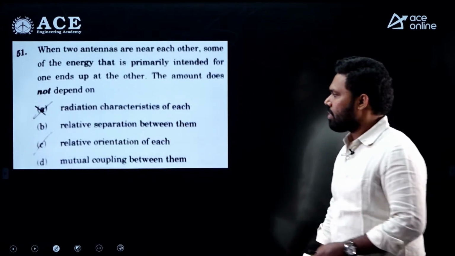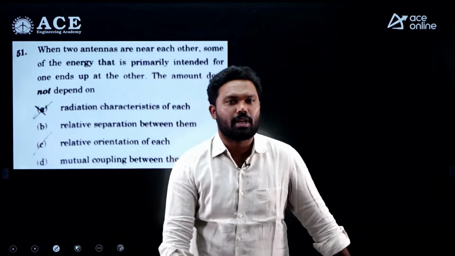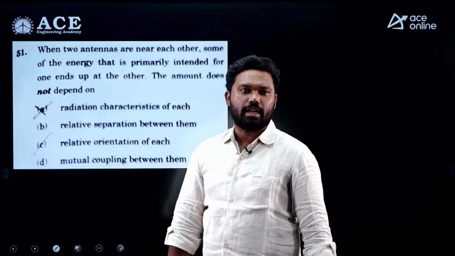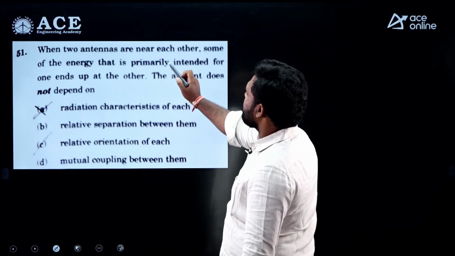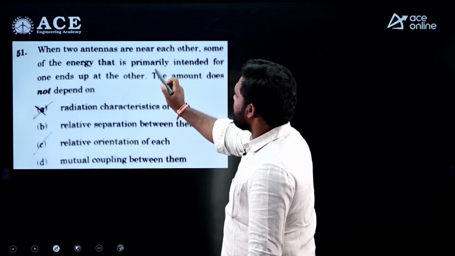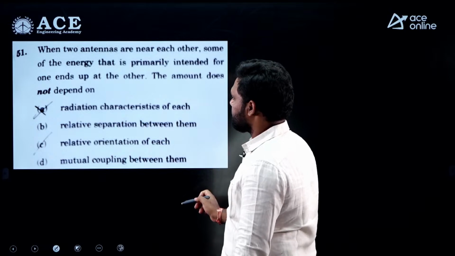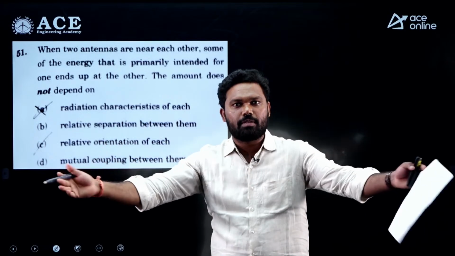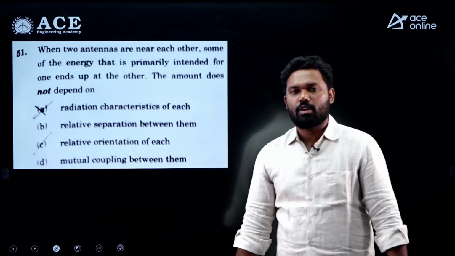Next. Yes. So let us try to extract the best possible answer for this. So one can debate and discuss the different options here. See, when two antennas are near to each other, some energy that is primarily intended for one ends up at the other. So if communication is happening between the two antennas, then the communication between these two antennas is going to be affected.